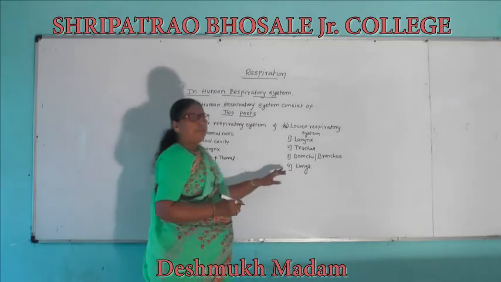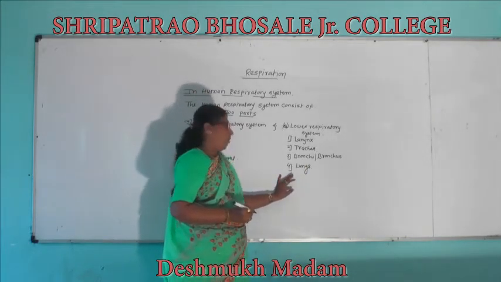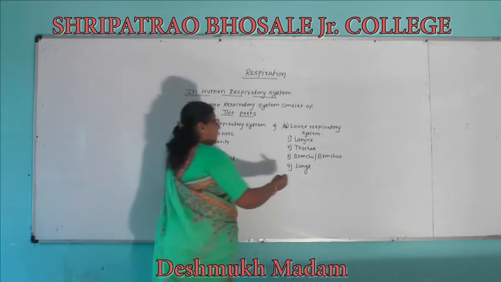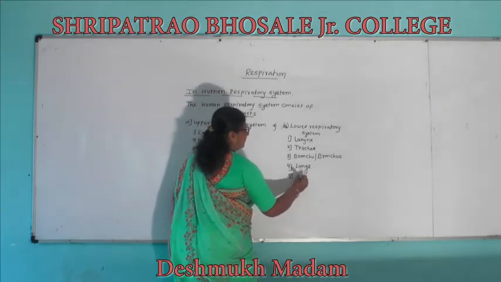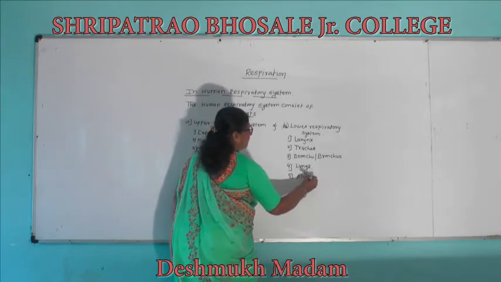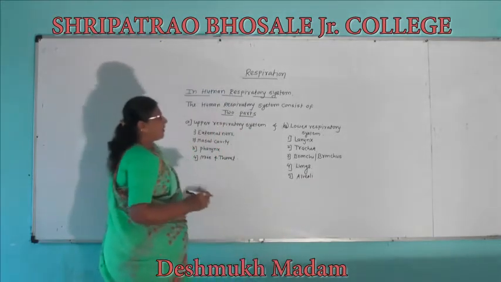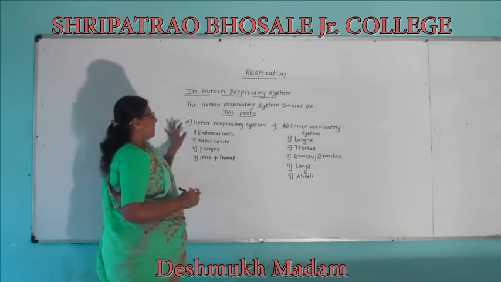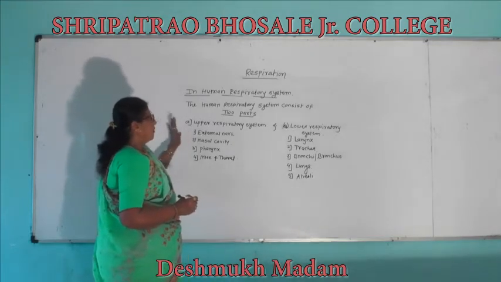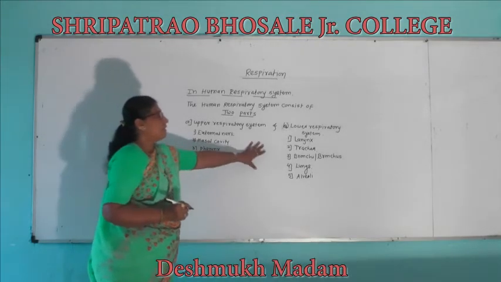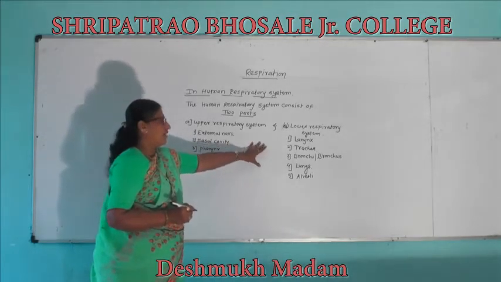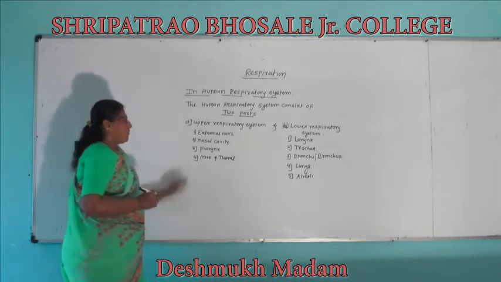The lungs are the main respiratory organ. Next is the alveoli. These are the upper respiratory part and the lower respiratory part.